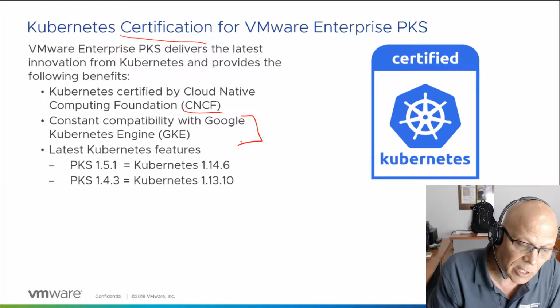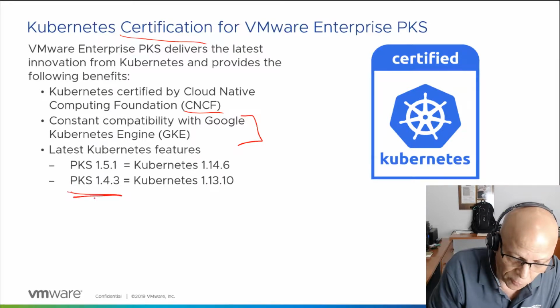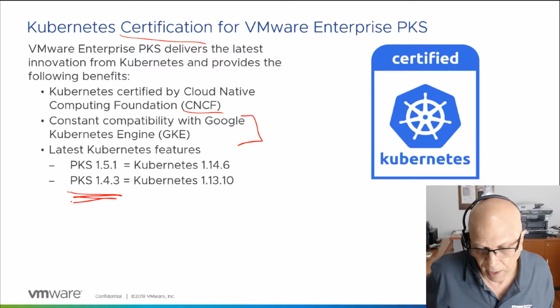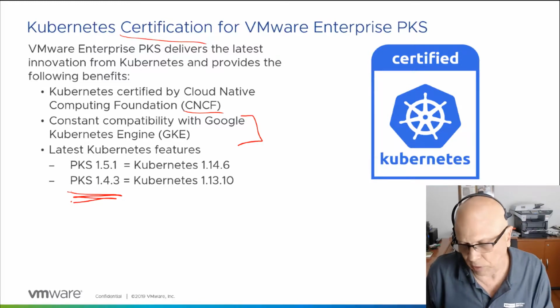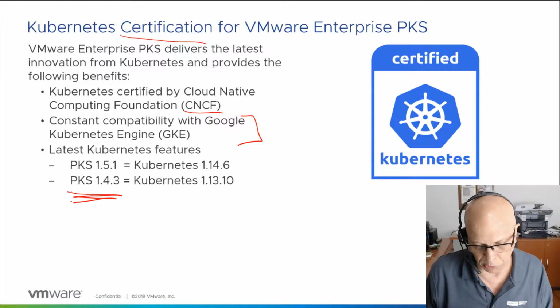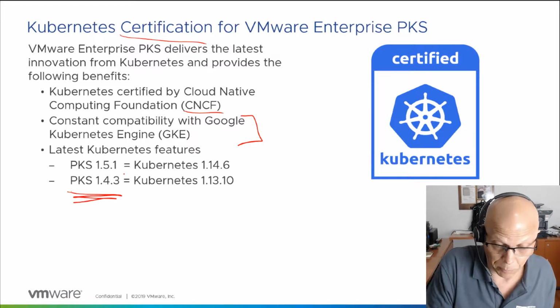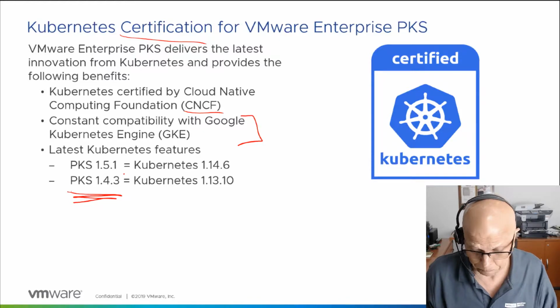As I said, we've got a version of PKS, and you can see over here on the left, I'm showing you a PKS version and how that correlates to a Kubernetes version. This is all documented when you go to the VMware website to download PKS. We're telling you which version of PKS correlates to which version of Kubernetes.